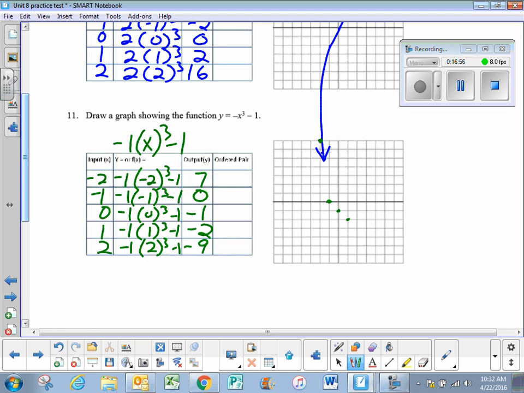And I know that always happens in the middle on your cubic functions if you haven't figured that out yet. And then (2, -9) is about right there. So Carson, I'm kind of answering your question about just kind of estimating where that -9 would be. And there it is. So it goes the opposite direction because it's negative. Okay.